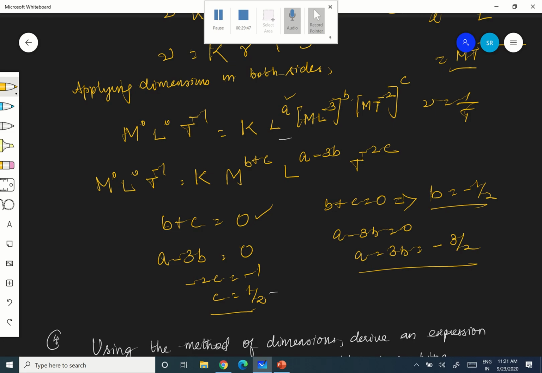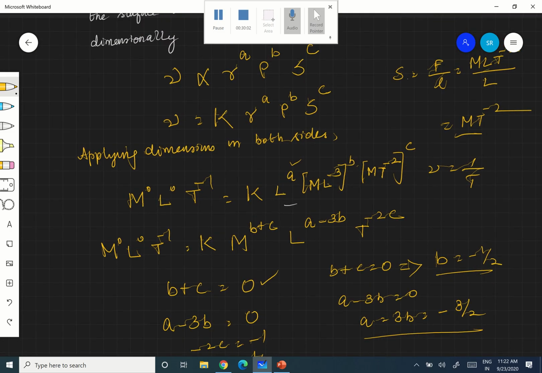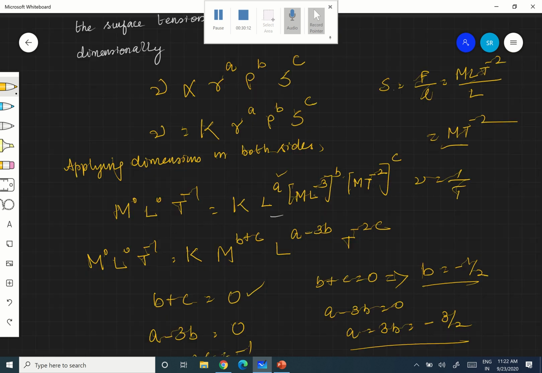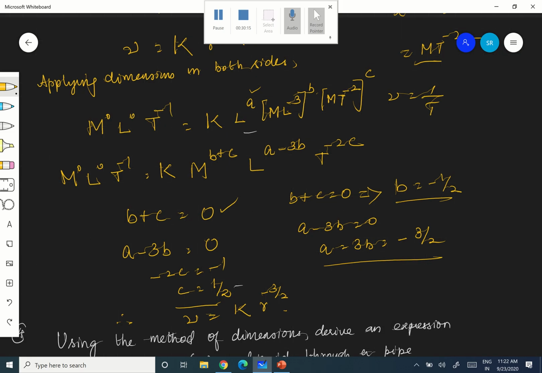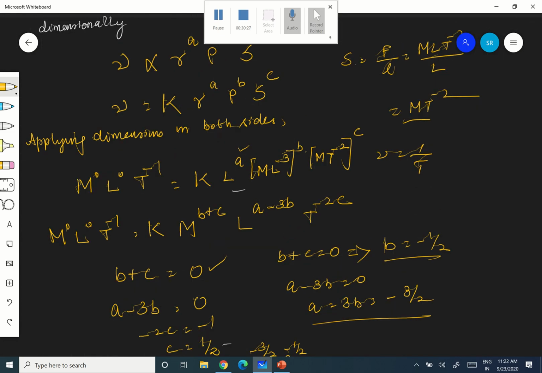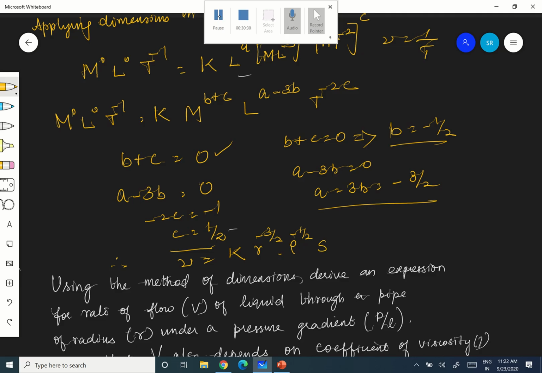Therefore, substituting A, B, C in the equation, you will be getting nu is equal to k, substituting a b c in equation 1, k, r power a, r power minus 3 by 2, right, then rho power b, rho power minus half, then s power c, therefore s power half, correct.